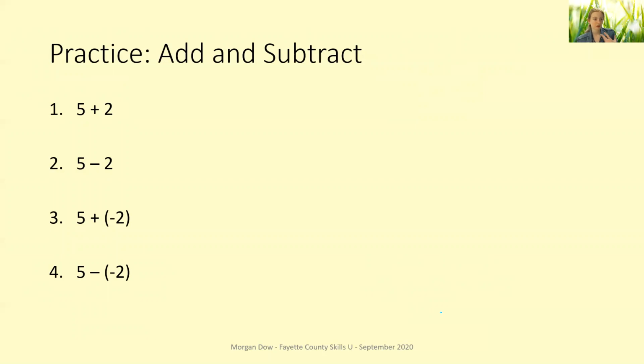So if you're using your phone calculator, you want to find the negative button wherever it is. And if you do have questions about using your calculator, let me know or bring it in with you to class, and we can figure out where the negative sign is, how to put negatives into your calculator. Okay, so pause the video, give these a try, and when you think you've got them all, come back to it and we'll go through them together.